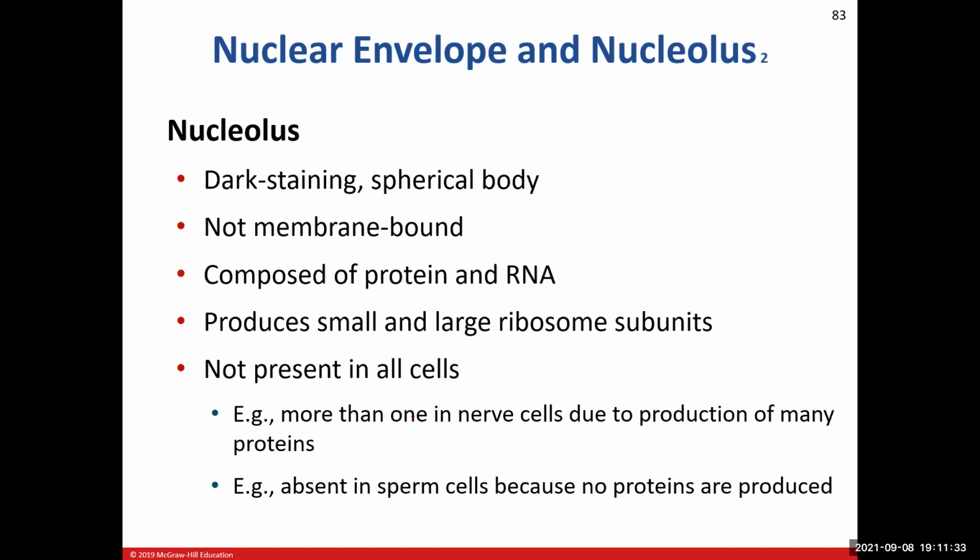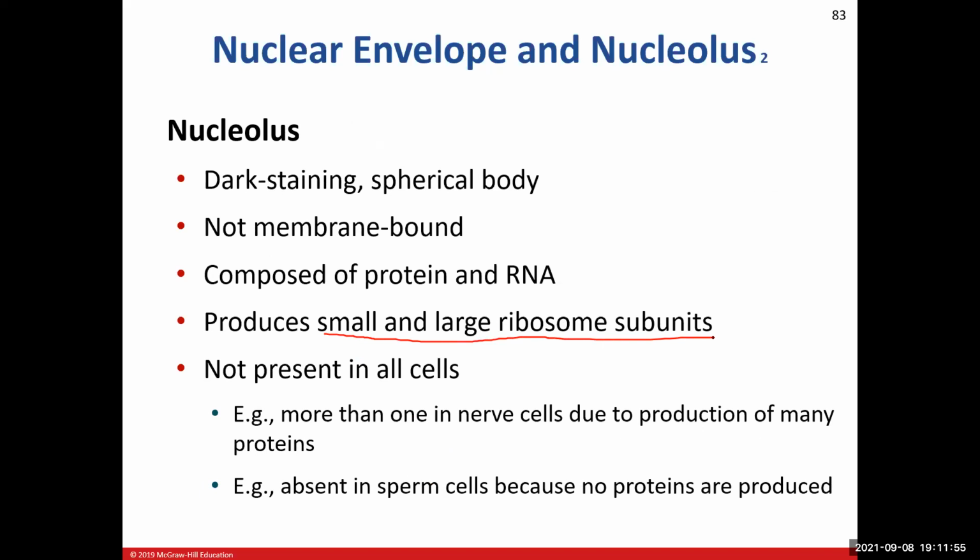So if we look further inside the nucleus, we'll see another ball in the nucleus, and we call that the nucleolus. So it's like a ball within a ball, all right? And the nucleolus is where, and I mentioned this before, we are going to make small and large ribosome subunits.